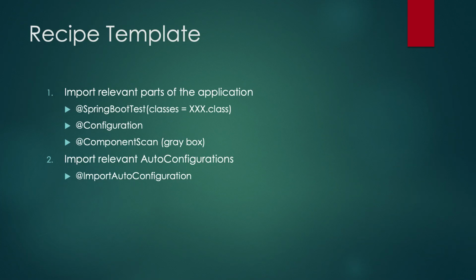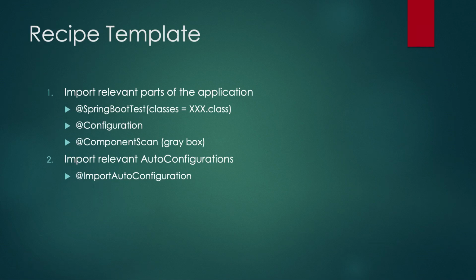Actually, there are two ways we can disable the load everything behavior of @SpringBootTest. The first is if we specify classes explicitly, like here. The second is if there is a nested @Configuration class in your test class, Spring Boot test will disable its load everything behavior. So we're also going to look at some of that.